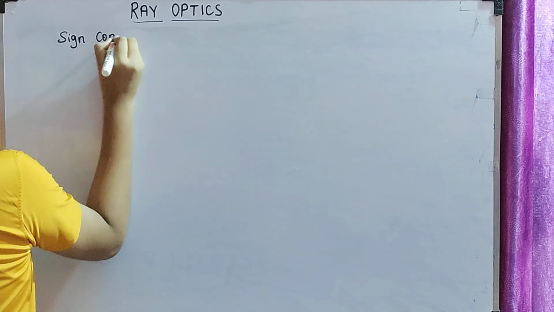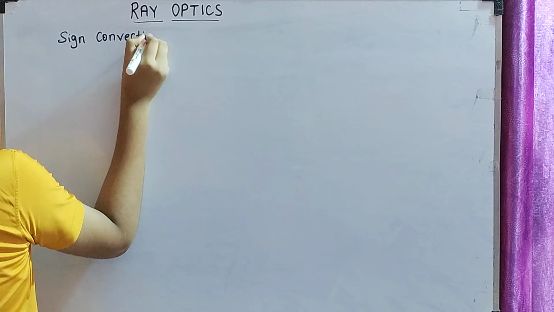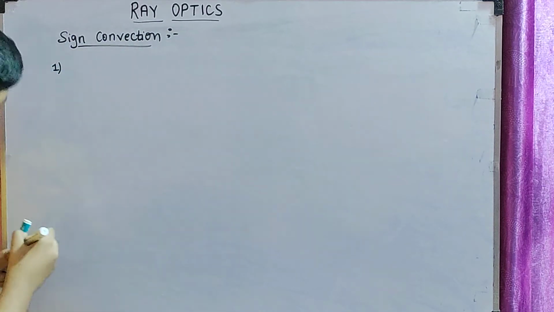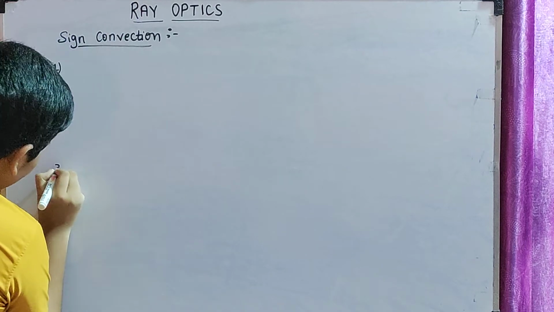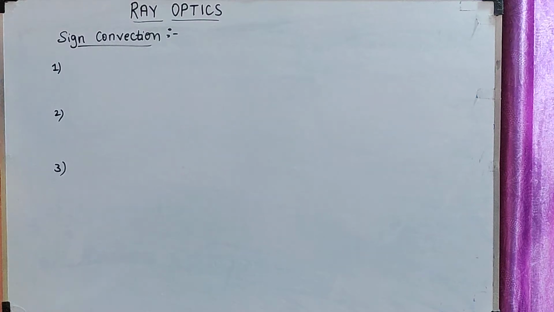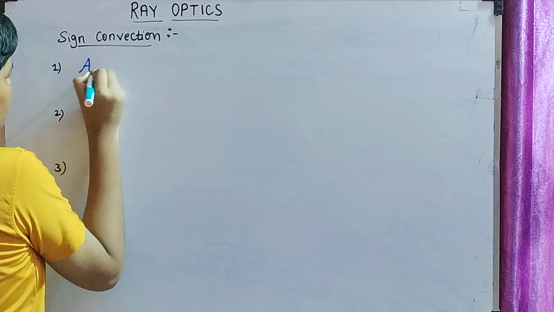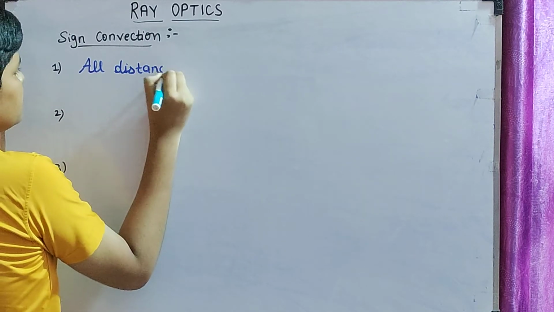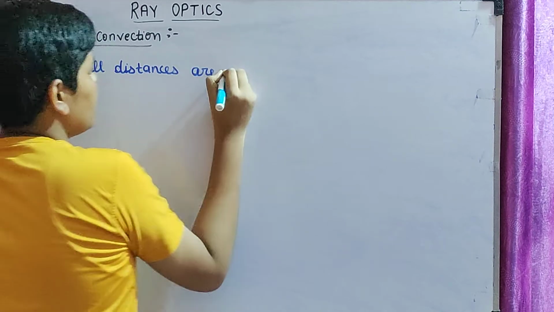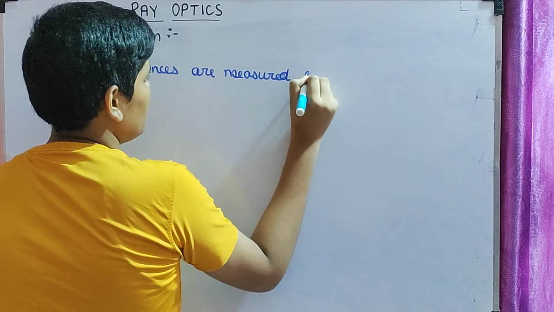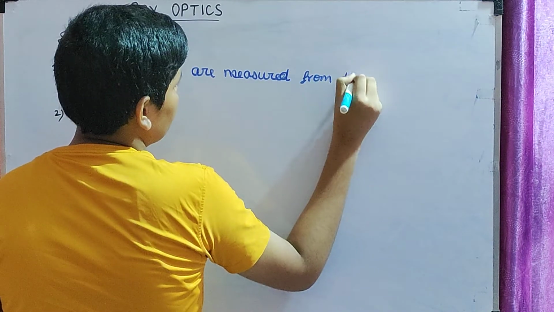Sign convention. There are 3 sign conventions which you have to remember because they are very important. First one, all distances are measured from the pole.